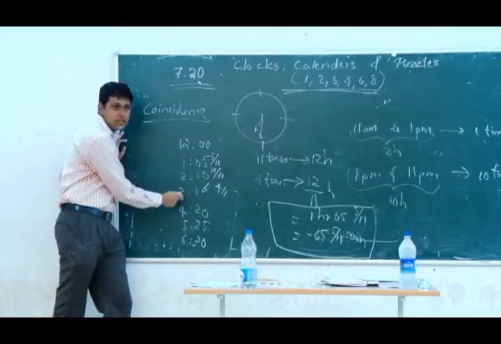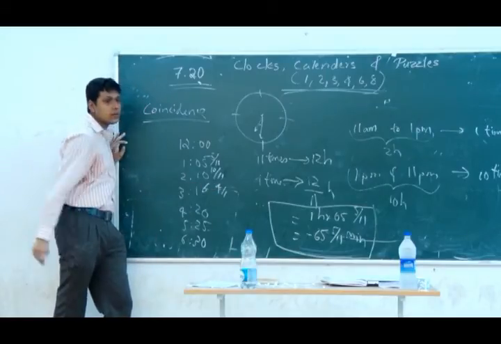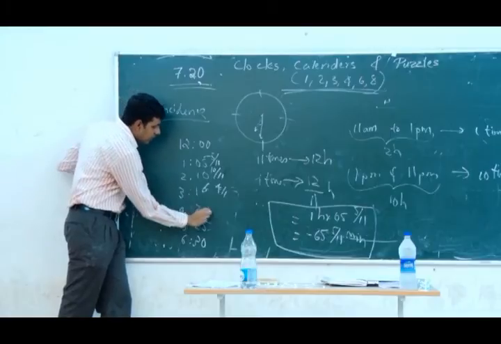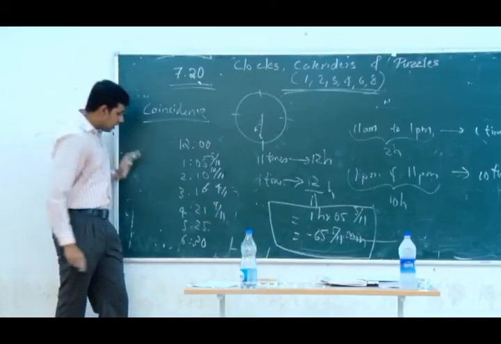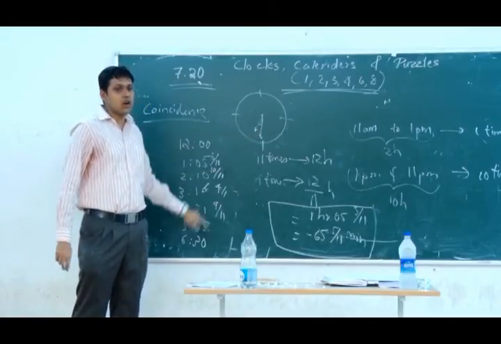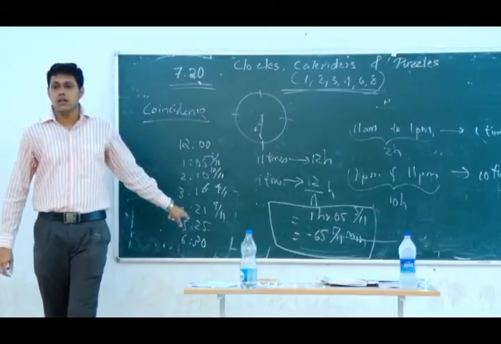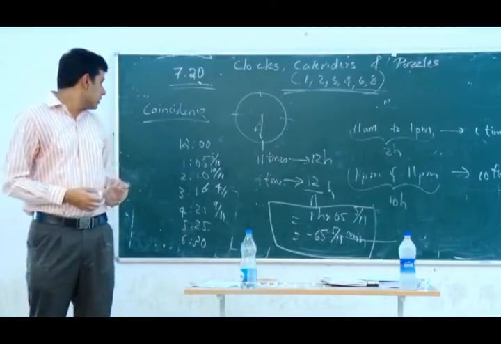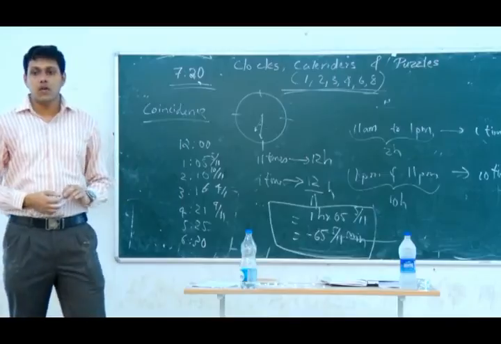It's not at 3:15, it's actually sometime past 3:16. Similarly, it will come to 6:32 and 8 by 11 or so, sometime after 6:30. It will not be at 6:30, it will be at 6:32 or 6:33. At that time it will coincide. So this is how we get the times of coincidence.